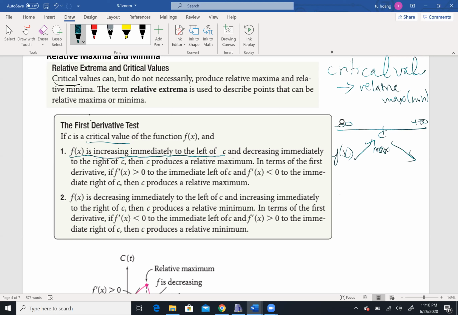You know, that's like a mountain, it goes up and down. So this part is a peak of the mountain, the highest part of the mountain.